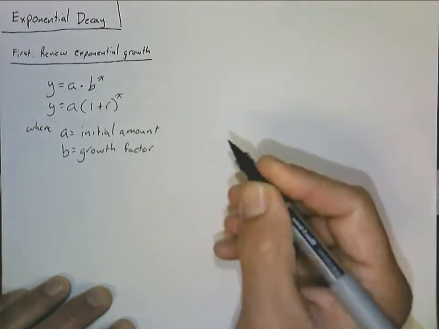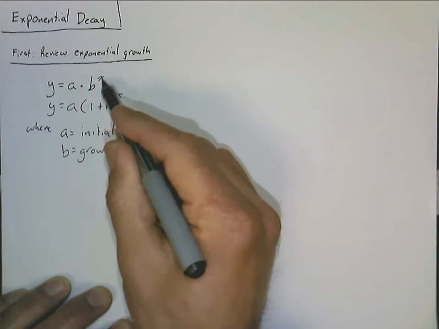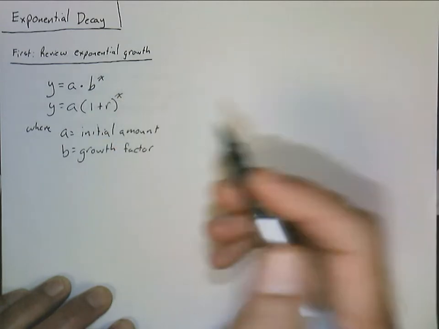That's the thing that we're multiplying by over and over and over again. That repeated multiplication is what becomes the exponential expression right there.